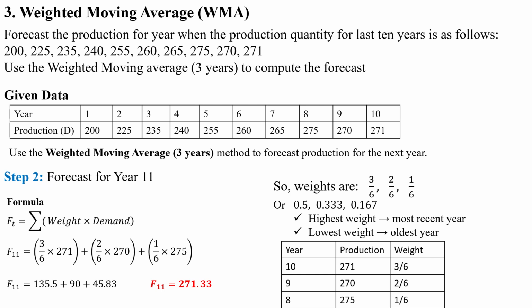So F11 equals 3 by 6 into 271, since for the 10th year the weight is 3 by 6 and the demand is 271, plus 2 by 6 into 270 for the 9th year, plus 1 by 6 into 275 for the 8th year. The forecasted value for the 11th year is 271.33.